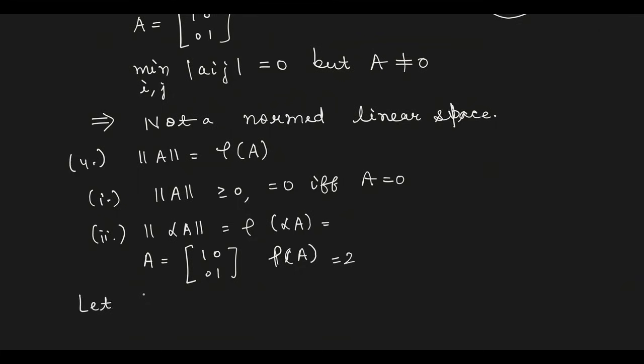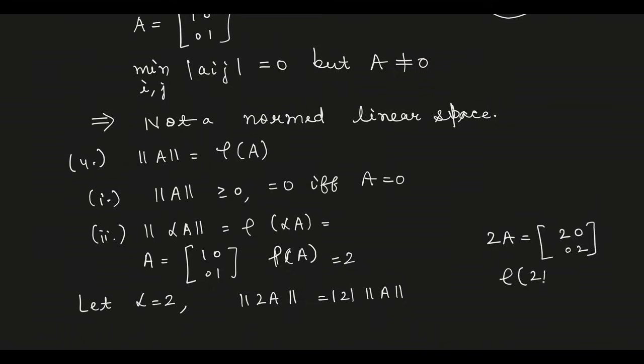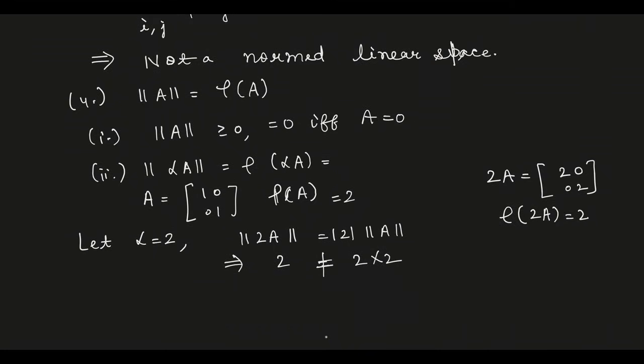If I take alpha as 2, the rank will not be 4, it will be 2 only. The rank of matrix 2A will also be 2 only. So this is 2 and this is 2 into 2. Not satisfied. This is not a normed linear space.